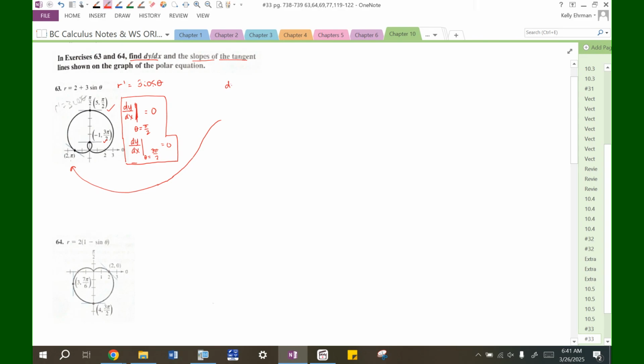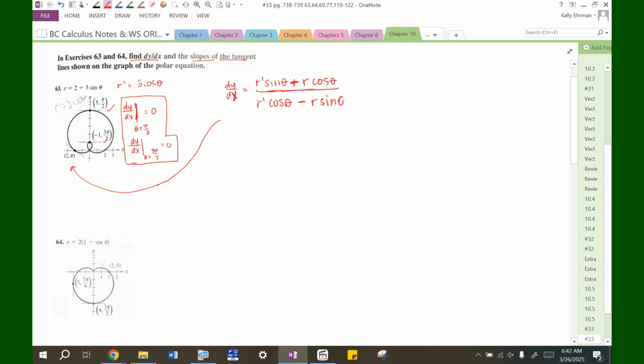And I like to write out the memorized formula for dy/dx before I start plugging stuff into it. So it's r prime sine theta plus r cosine theta over r prime cosine theta minus r sine theta.